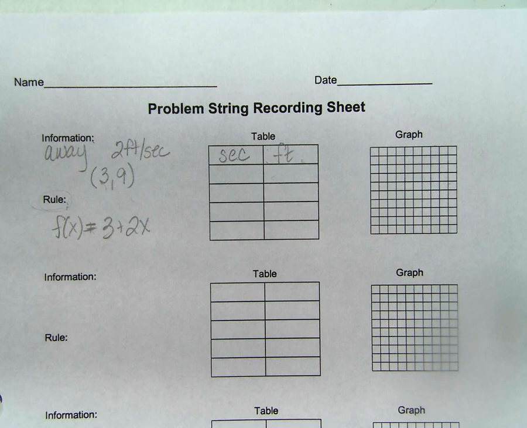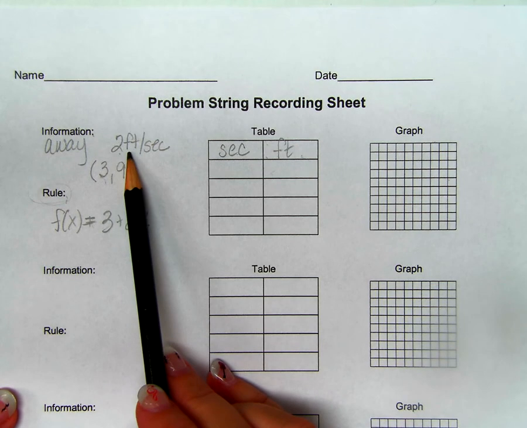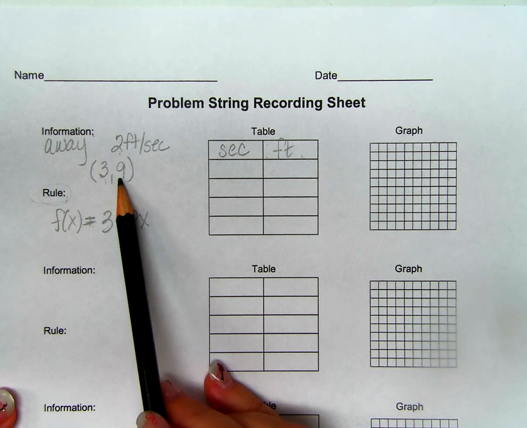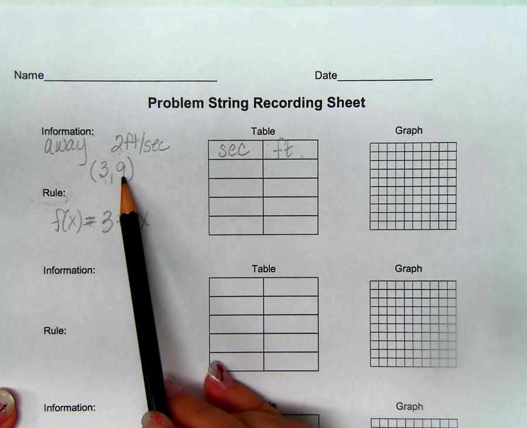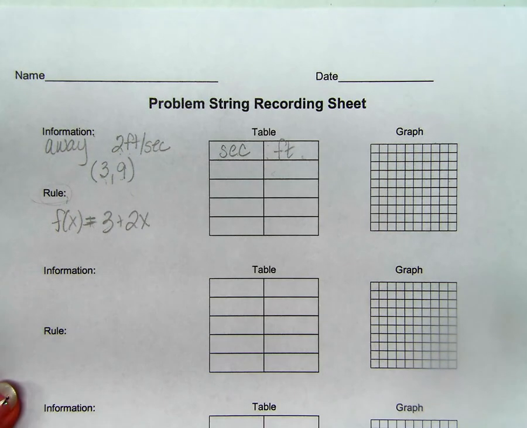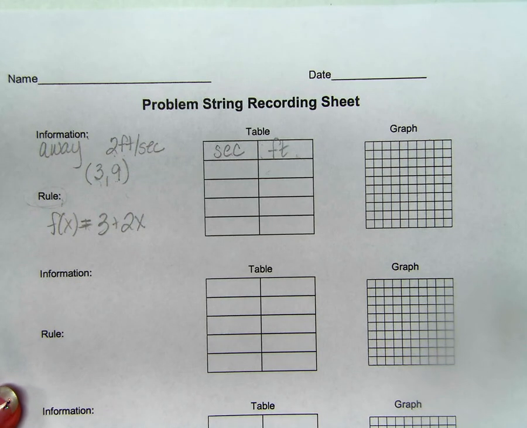Can you tell me where it came from? So you can't start at 0 because you're going 2 feet per second. And you know it's going to be an odd number because 2 away from any odd number is going to be another odd number. And then?